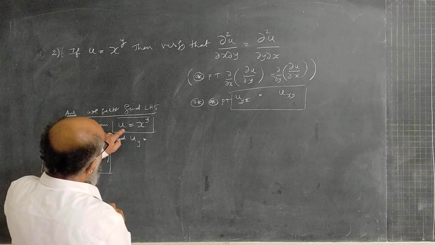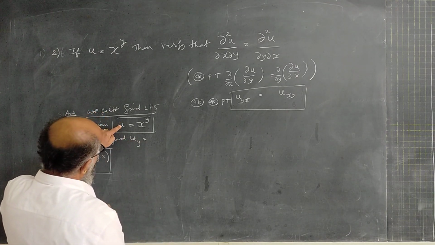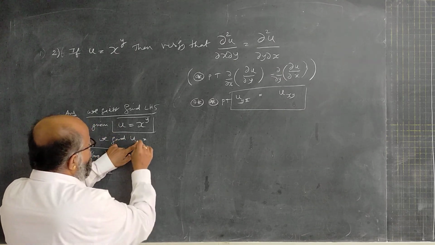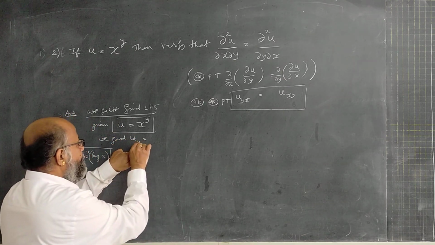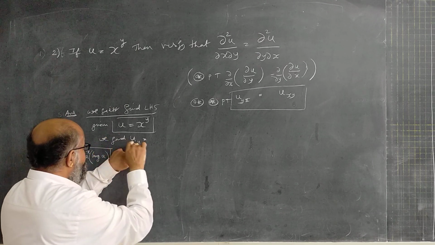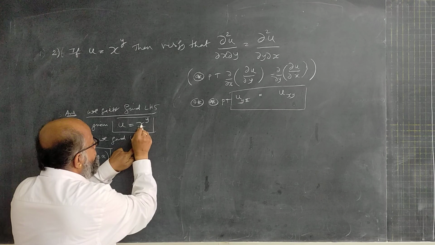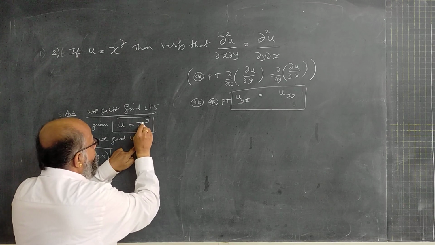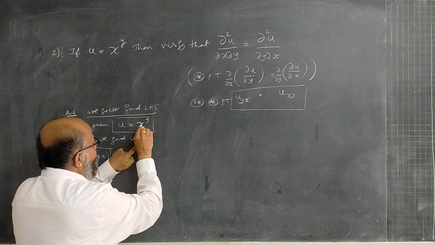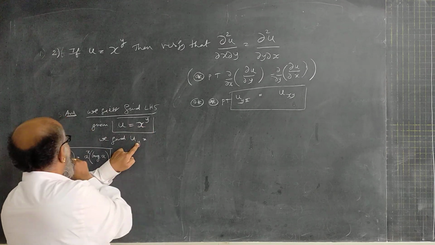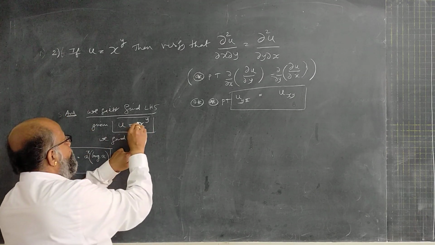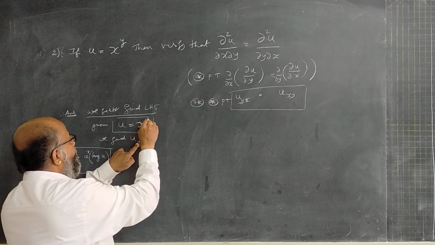uy. What is the meaning of uy? Take u and partially differentiate u with respect to y. When you are partially differentiating with respect to y, in the mind, be careful. Any x term is like a constant. Here the x term is x. It is like a constant, like a. That means it is like a to the power of y.